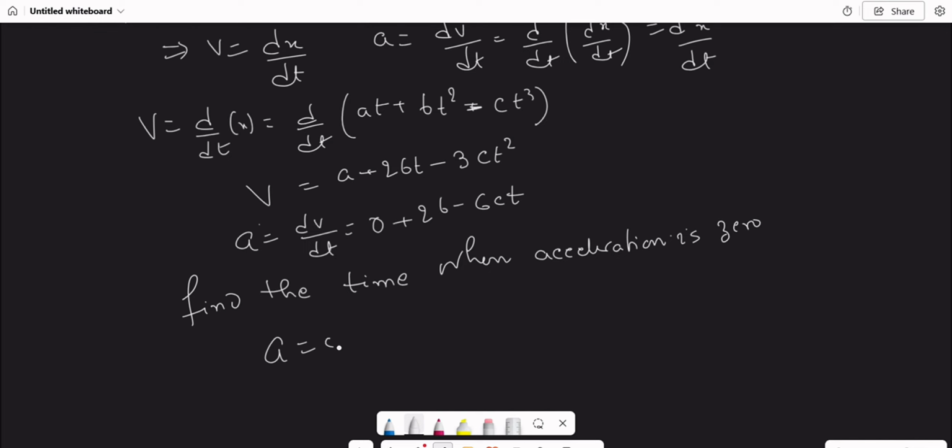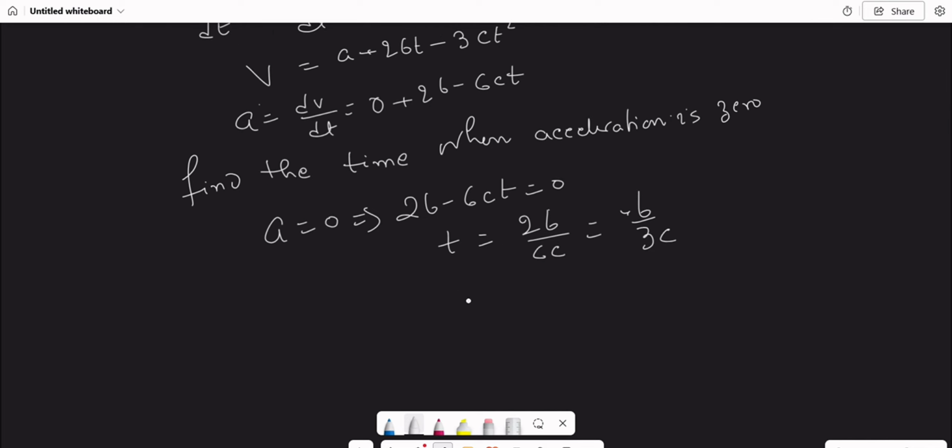So if a is equal to 0, this implies that 2b minus 6ct is equal to 0. From this equation, t comes out to be 2b by 6c, which is b by 3c. Now at this time the acceleration is 0. At t equal to b by 3c, acceleration is 0.